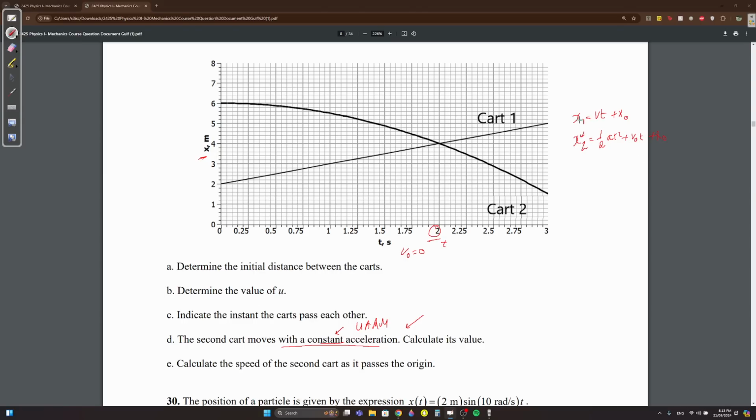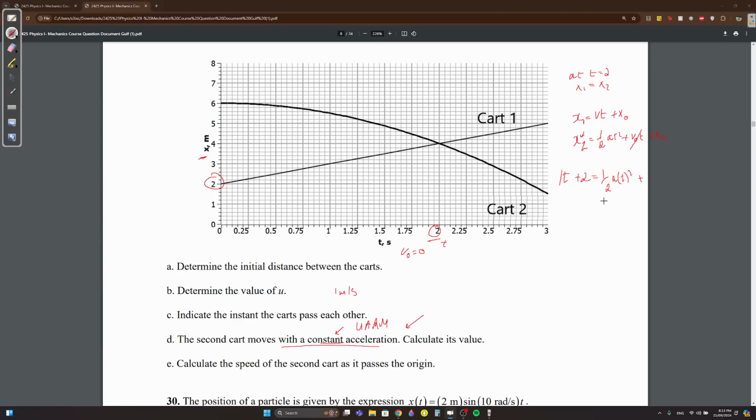Now we know that when the cars pass each other at t equals 2, x1 equals x2, because they're passing each other. So vt plus x naught for the first car, the velocity was 1 meter per second, so 1t plus 2, its initial, equals half a t squared plus v naught t plus x naught.